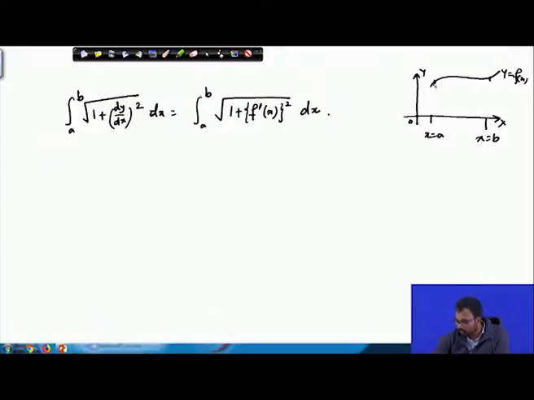That's the formula for the arc length of the curve y equals f(x). So the area is given by the integral from a to b of f(x) dx, and the length of the arc will be given by the integral from a to b of the square root of 1 plus f'(x) whole squared dx.